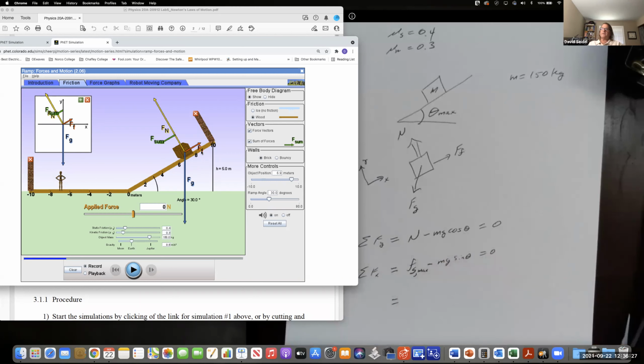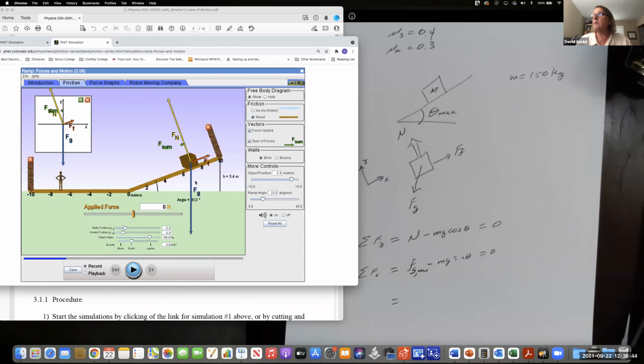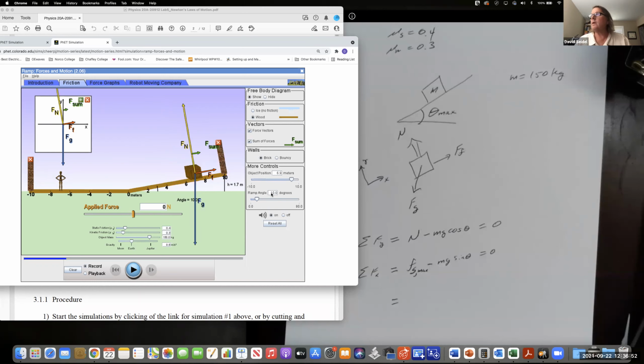The more I increase this angle, you should see that the larger F sub f is going to get. If I draw my ramp angle at 20 degrees, look at my vector size when I hit 20 for F sub f. If I go to 10, I need to go down.